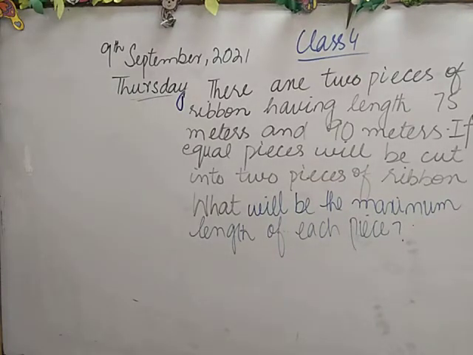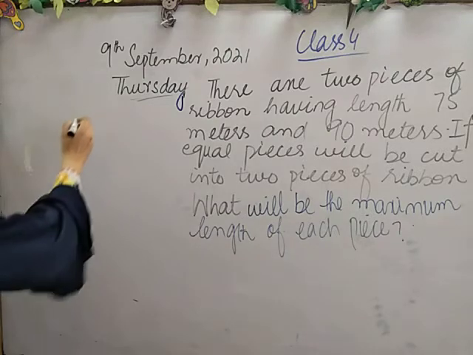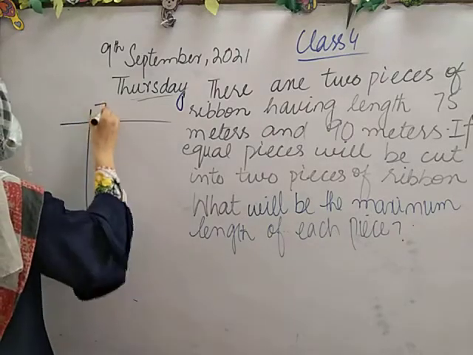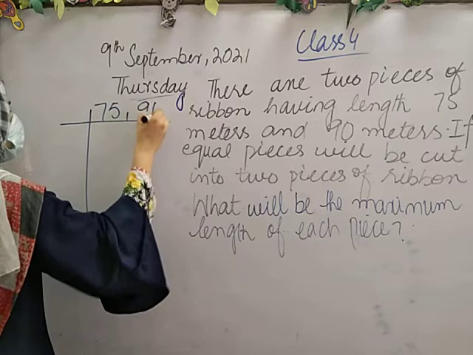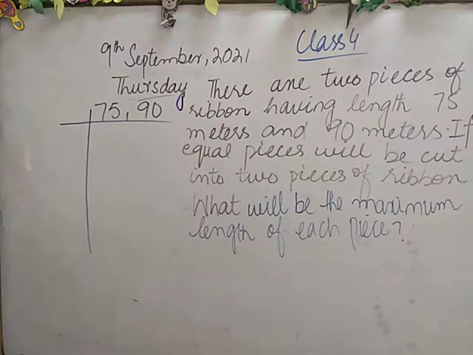Now we have two numbers. The first is 75 and the next is 90. So जब भी हम डिवीजन मेथड से सॉल्व करते हैं HCF को, we will separate two numbers by writing a comma in between. Fine. Now who will tell me what would we do in this step? अब हम क्या करेंगे?